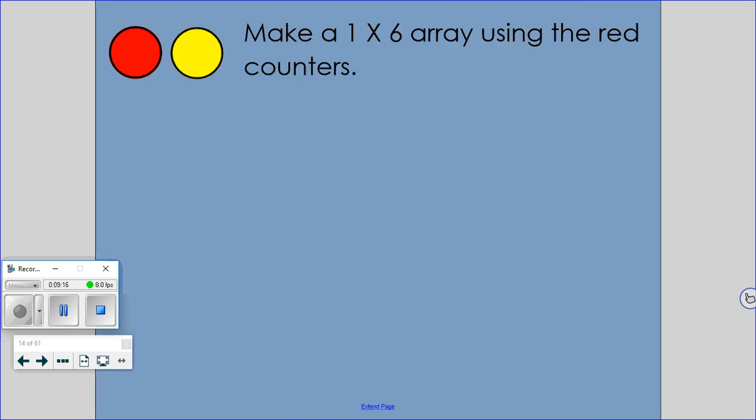Using your red counters, I want you to make a 1 by 6. All right, so using our red counters, should look something like this.